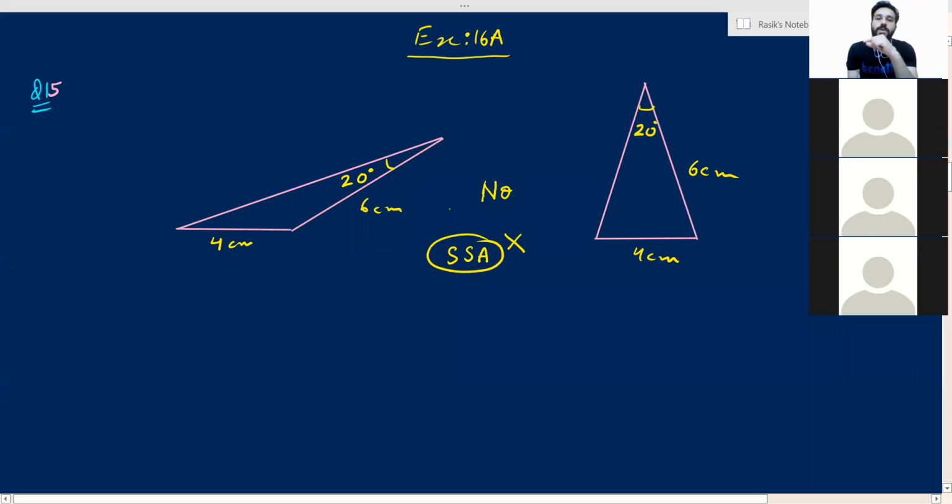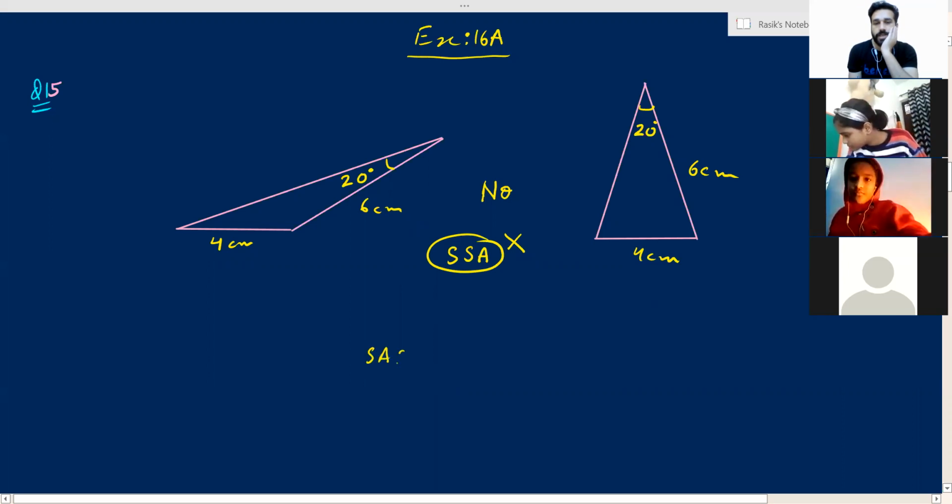And now the second part of the question is, what will be the change if you want to make the two triangles congruent? If instead of SSA, we use SAS criteria, then the two triangles will be congruent. The problem is that the two triangles are having SSA, that is why they are not congruent.